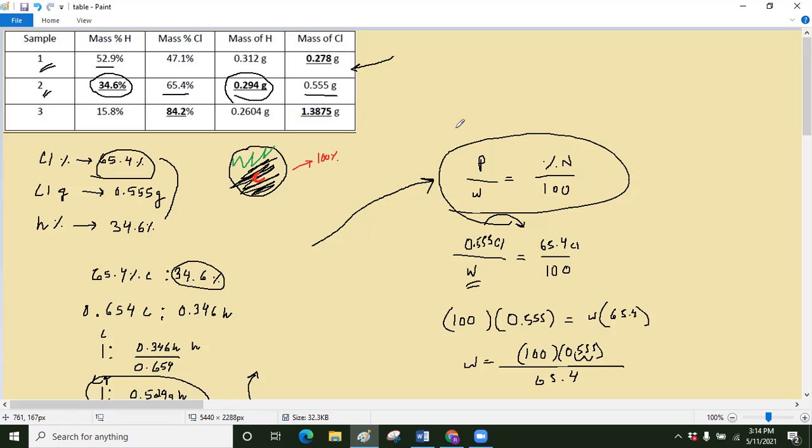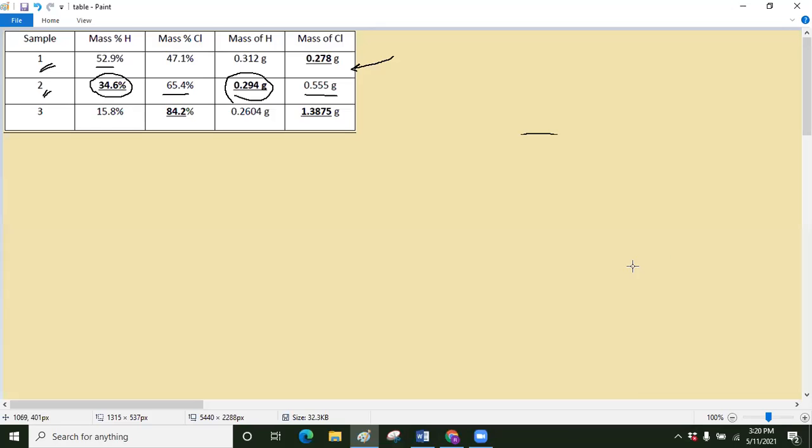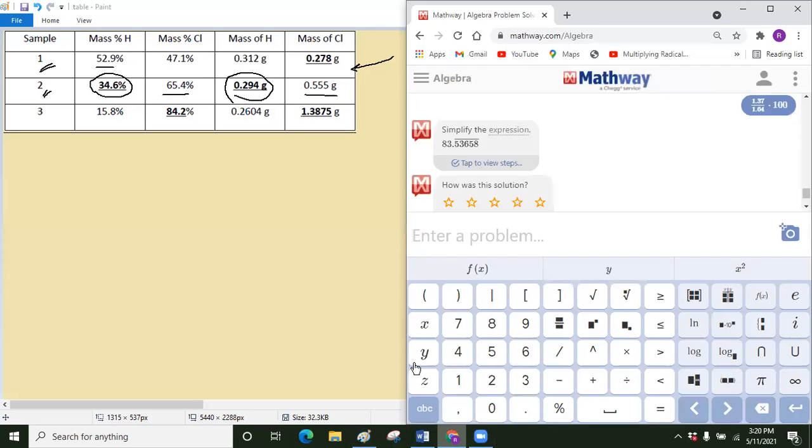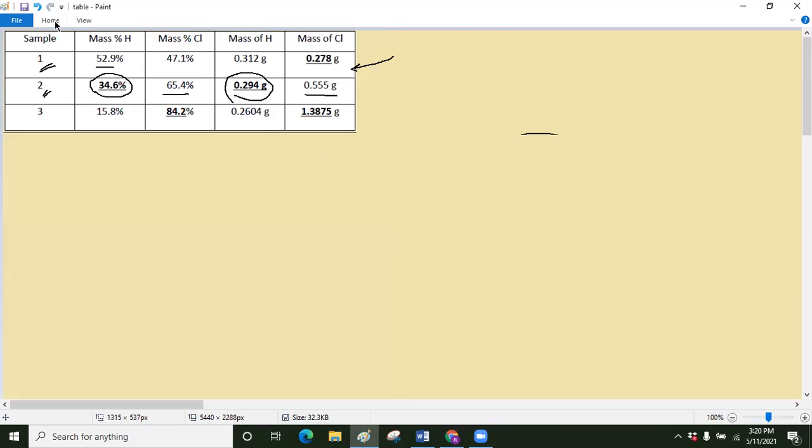Now for this next one here, I think it's much of the same approach, to be quite honest with you. It seems like we have 15.8% of hydrogen, 0.2604 grams of hydrogen as well.